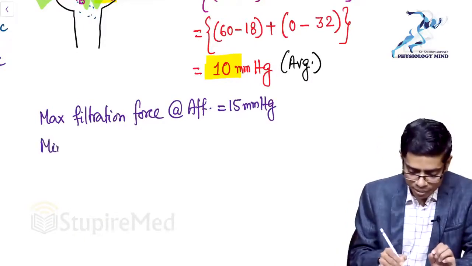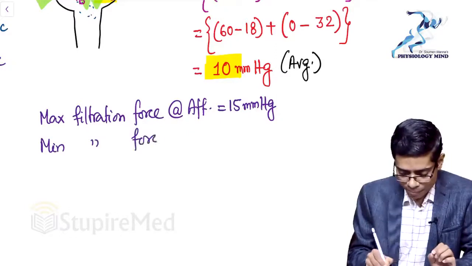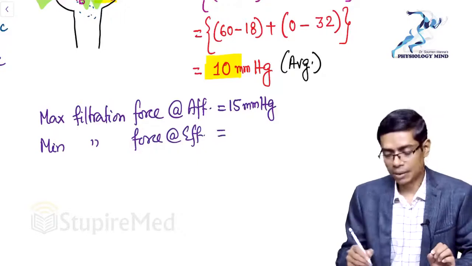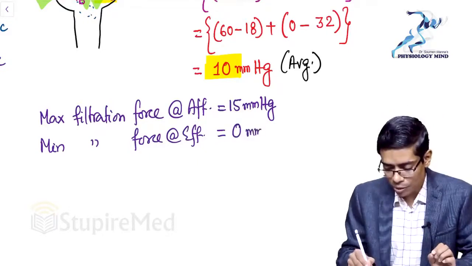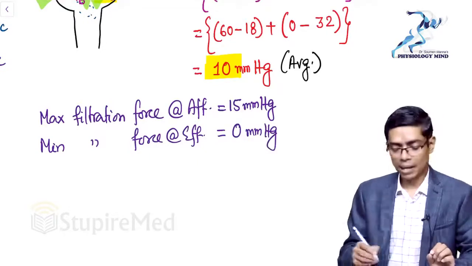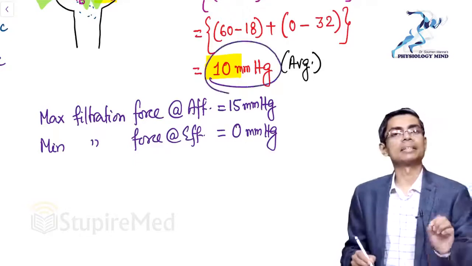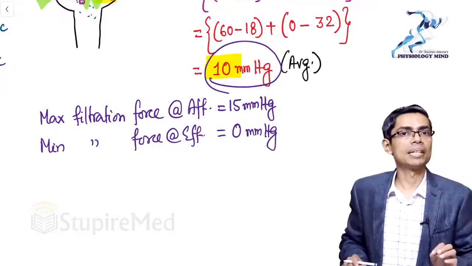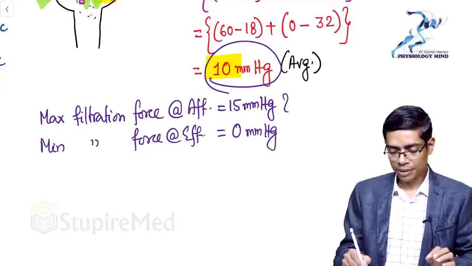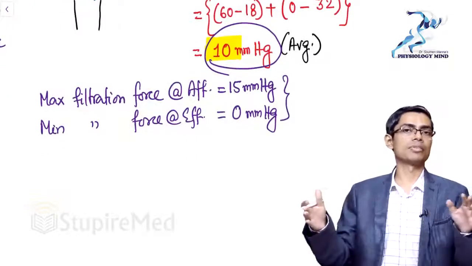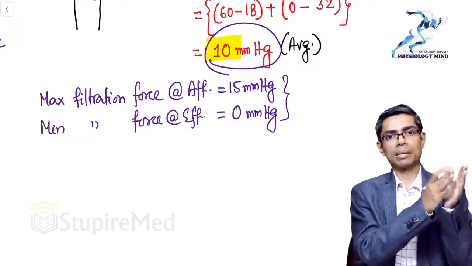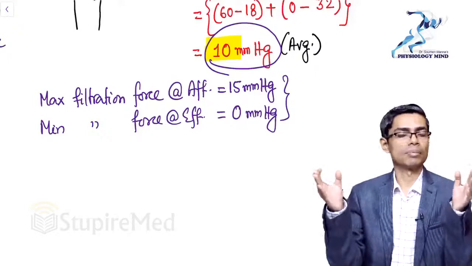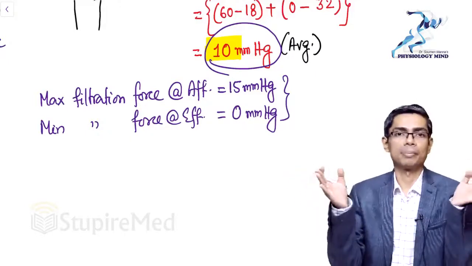And the minimum filtration force is at the beginning of the efferent arteriole, which is close to 0 millimeter of mercury. And what I have written here is the average force throughout the glomerular capillary. Am I clear? So the maximum force is 15 and the minimum is 0, meaning whenever the fluid goes from the afferent towards the efferent end, the filtration becomes almost 0, and that should happen.